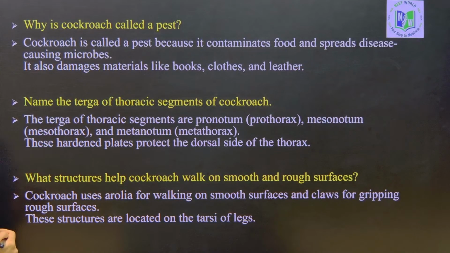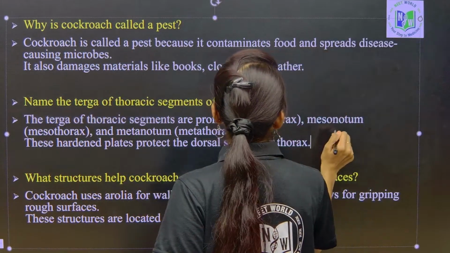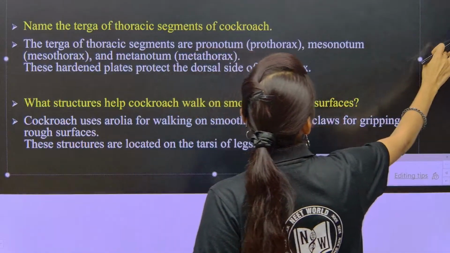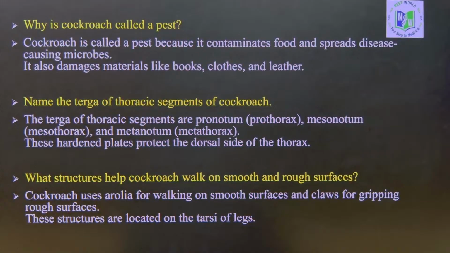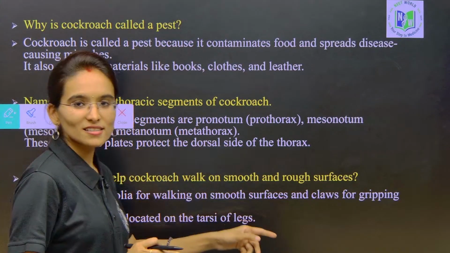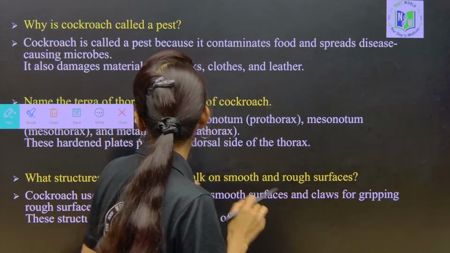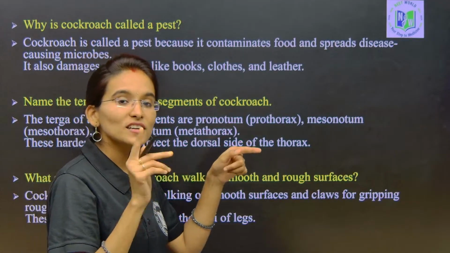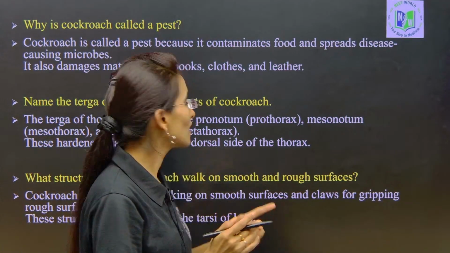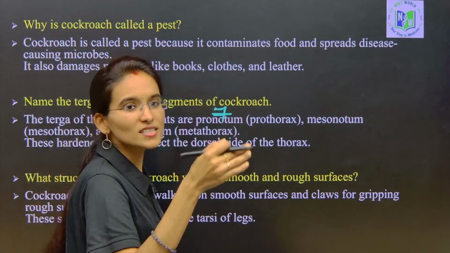So coming towards the question, name the terga of the thoracic segments of the cockroach. You can write the answer like this: the first segment in the thorax is the 7th segment, since 1 to 6 are completely fused.